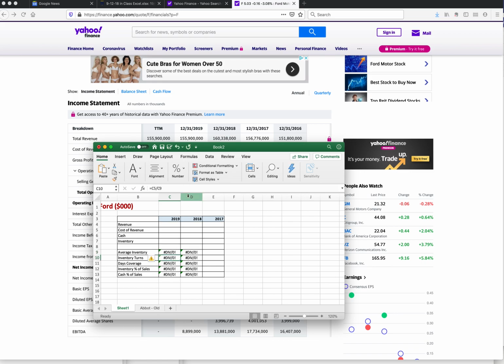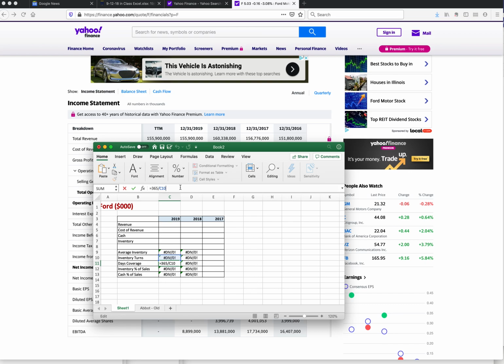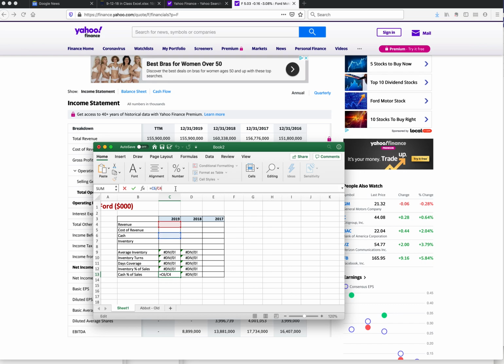Inventory turns are calculated by cost of revenue divided by average inventory, much like the formula I gave you. Days coverage is the inverse of inventory turns times 365. Then inventory as a percent of sales is the average inventory divided by the revenue, and cash as a percent of sales is the cash divided by the sales. So it automatically calculates all this stuff.